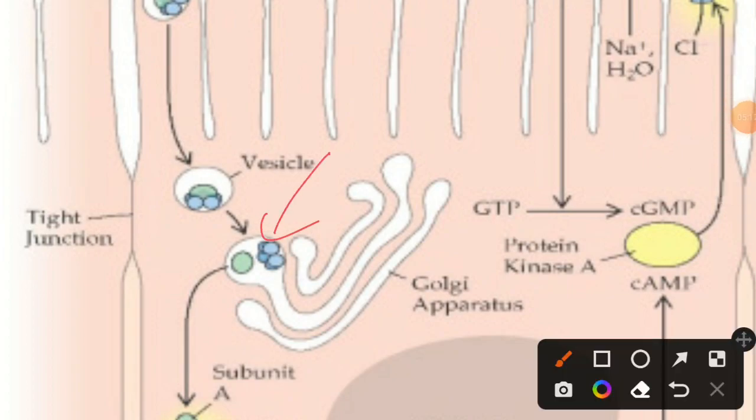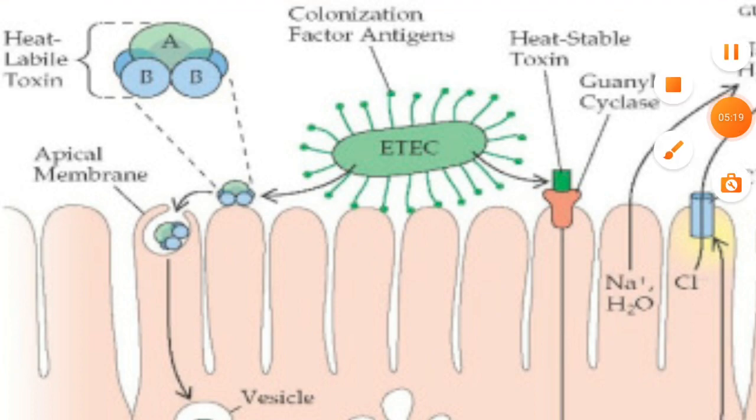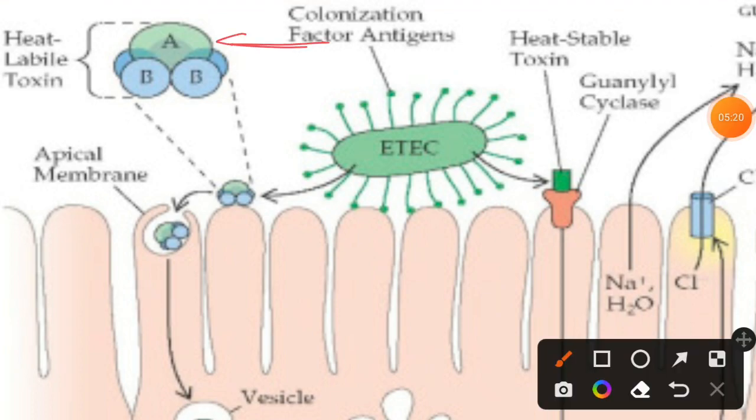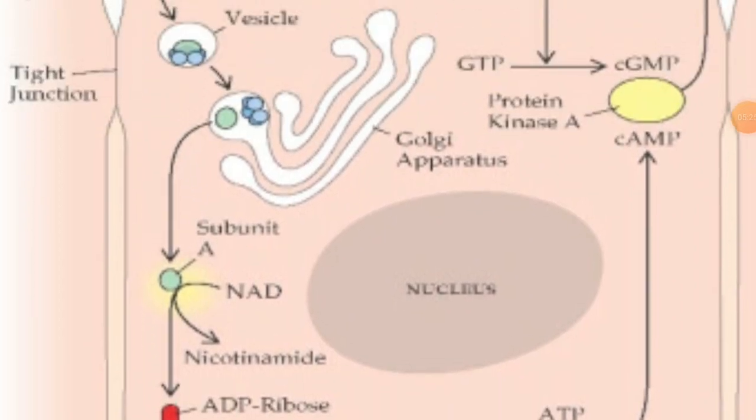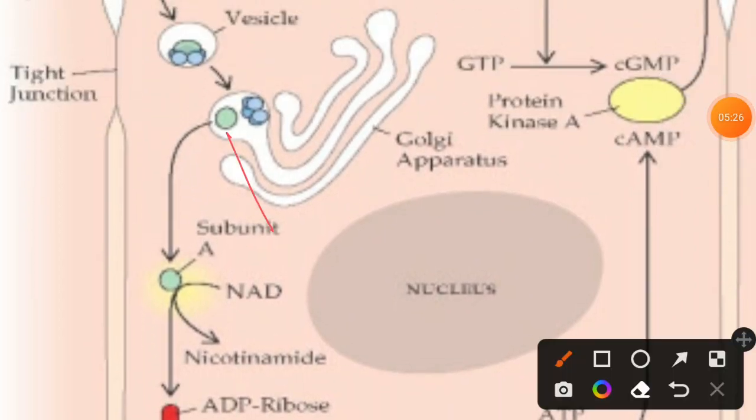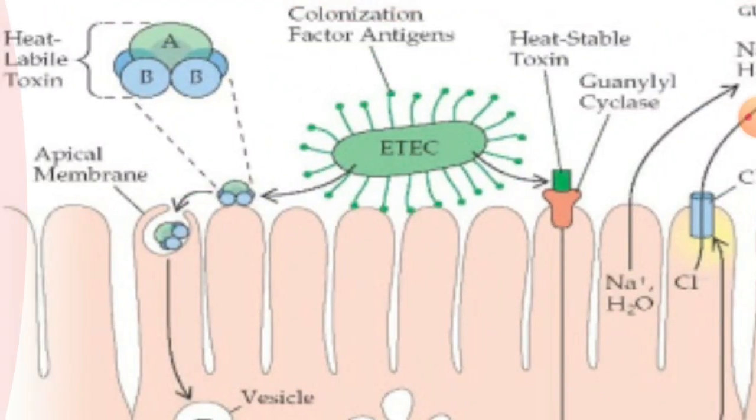As you can see, the color for the A subunit is that one and the color for the B subunit is that one, so it is obvious that the A subunit is getting separated. The A subunit will now be released into the cytoplasm. I hope up to that part it is very clear what is going on.